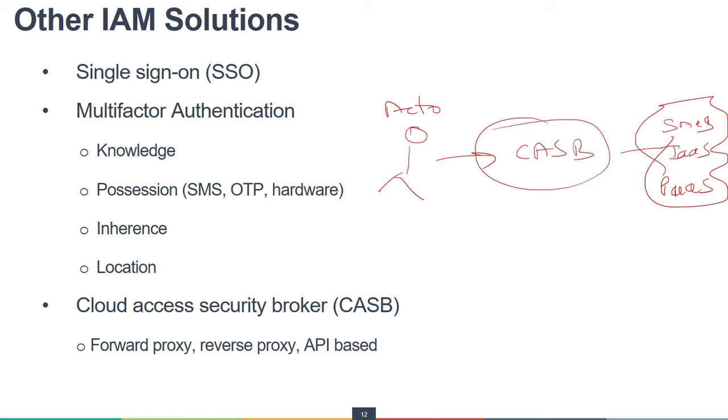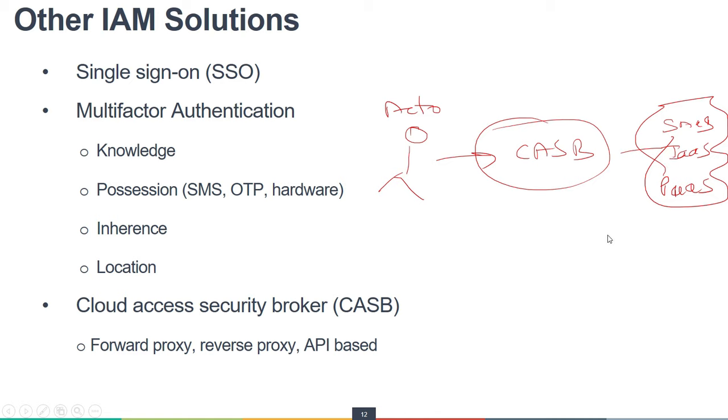In the reverse proxy, this type of CASB sits close to the CSP and integrates into identity services like Okta or OneLogin to force the user's traffic through the CASB for inline monitoring. So in the forward proxy, the CASB sits on the client side, while in the reverse proxy, the CASB sits on the cloud side.